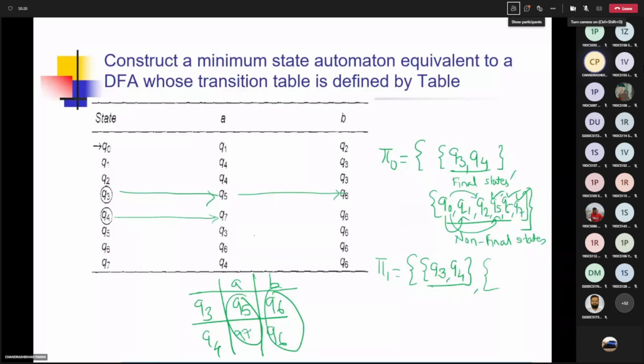So write down the pi 3 answer now. The pi 2 answer was provided by one student, roll number 152. So provide the pi 3 answer now, fast. Our session time is over. It would be the same as pi 2.